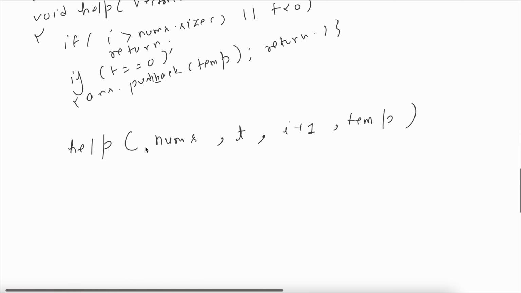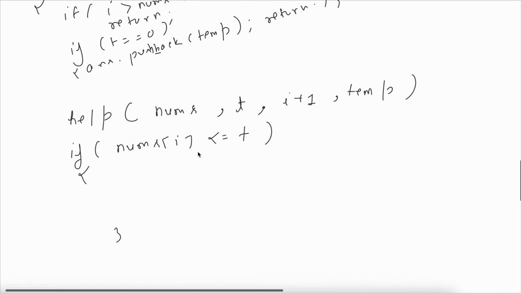So that is basic common sense. Of course we will add a condition here. If we are at an index i, nums of i less than or equal to target, then only we can pick that element. So 2 is less than 7, yeah, we can pick.